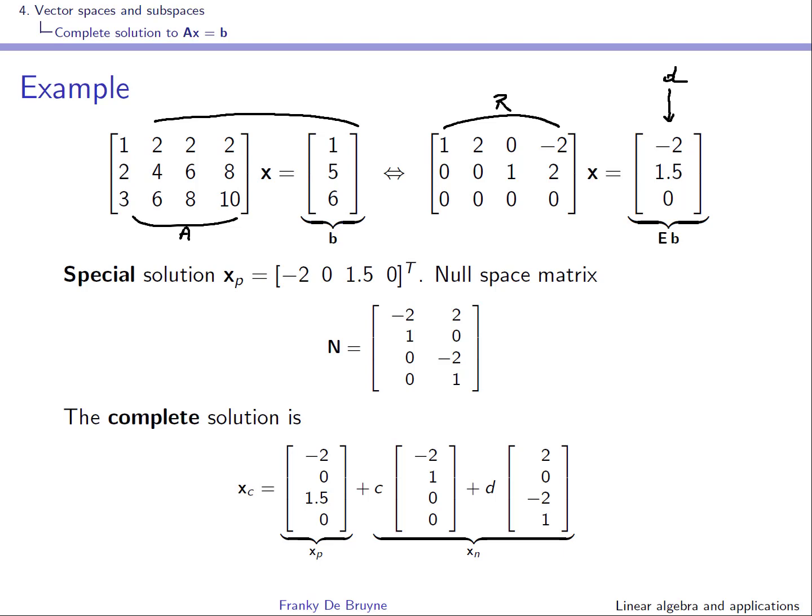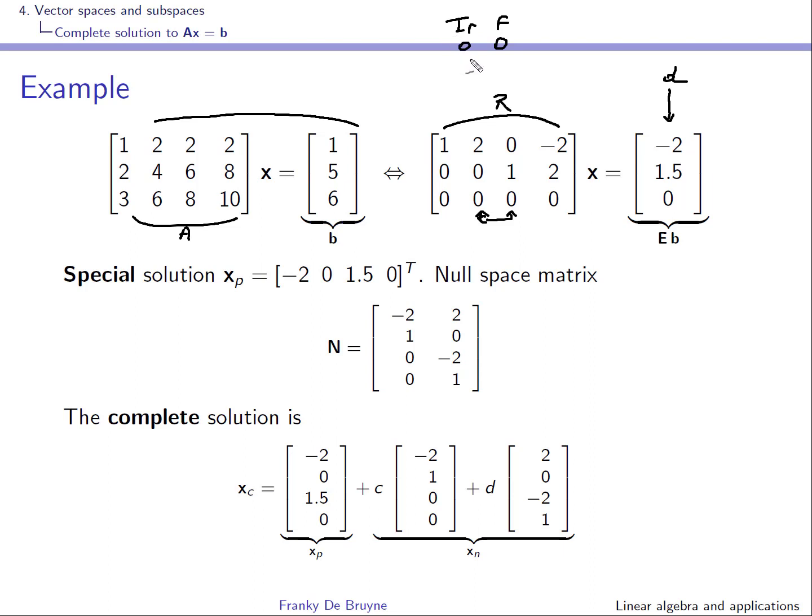Okay, so we see that the system is not entirely in the form that we had in the previous slide, but if you swap things over here, then you see that indeed you bring it into the form R, F and 0, 0.